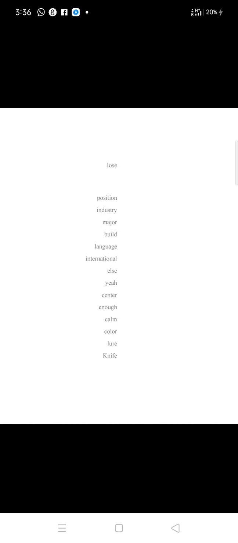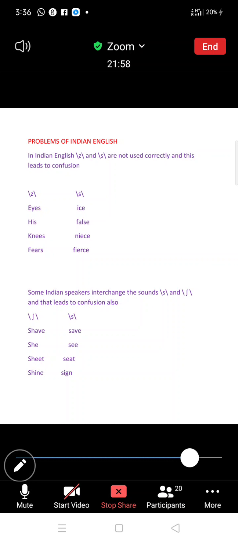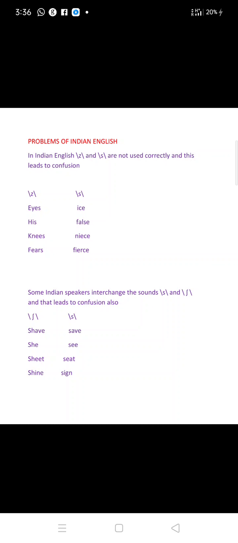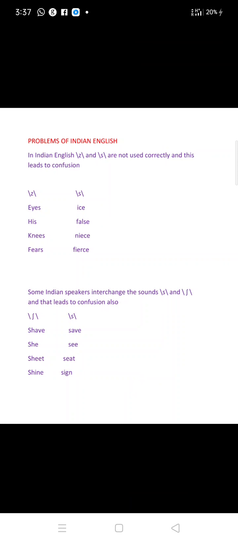At first, you have to identify the sounds and then write down the symbols, and you have to put stress also. This is a complete phonetic transcription. So complete your task and submit it in the Google Classroom. I have already created a section called phonetic transcription, so you have to submit there.